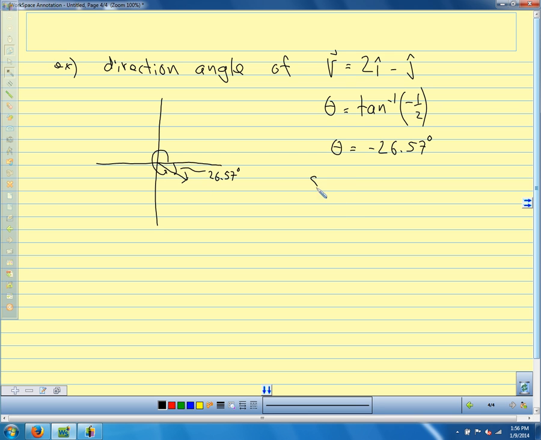So standard position, theta is going to be 360 degrees minus 26.57 degrees, and we would get 333.4 degrees. So in standard position, we'd say the angle is 333.4 degrees.